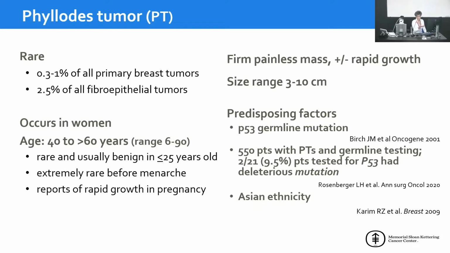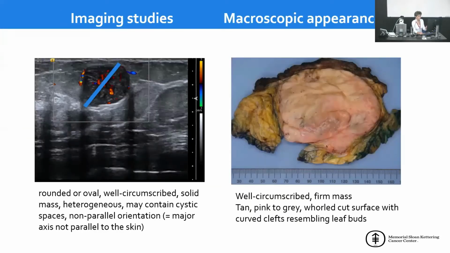The largest series of Phyllodes tumor come from Southeast Asia, and there are studies from Australia where the population has either European or Asian origin, and the women of Asian ethnicity in Australia are more likely to develop Phyllodes tumor and have recurrences. Also, it's more of a problem in women of Asian ethnicity because they tend to have a smaller breast size, so excision can be more complicated. Here is an example of the imaging of a Phyllodes tumor.